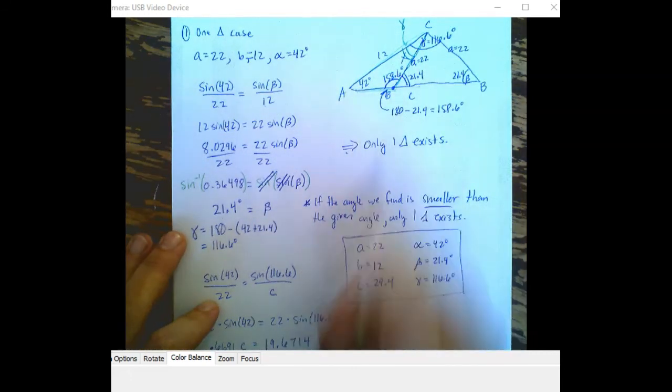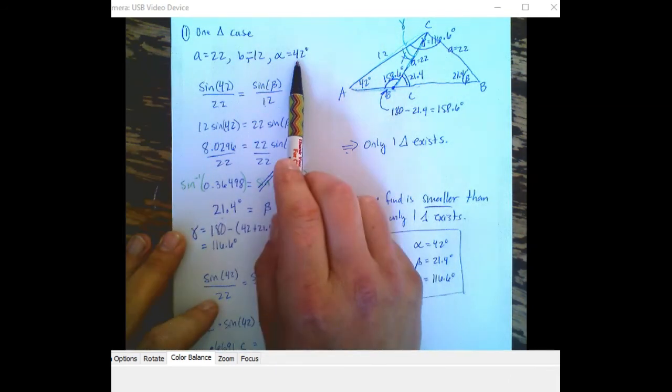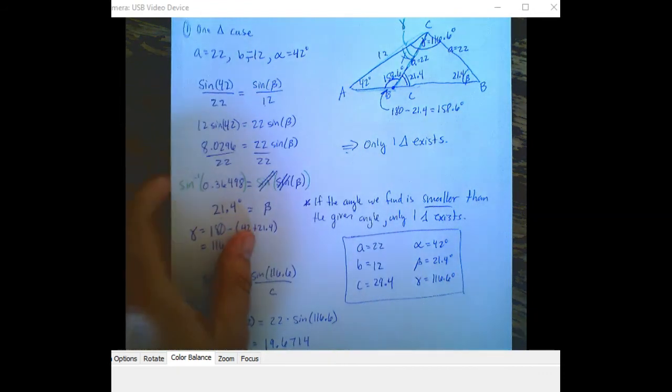So again, you may not have to go through all of this geometric analysis if you notice that the angle that we get on that first law of sines is smaller than the one that we're given. Okay? Let's do the no triangle case.